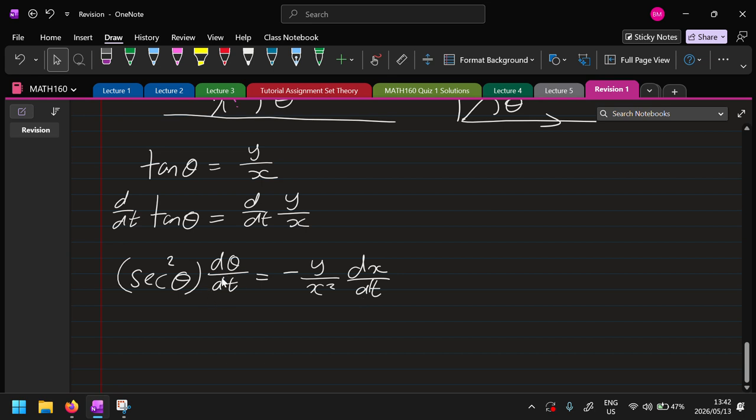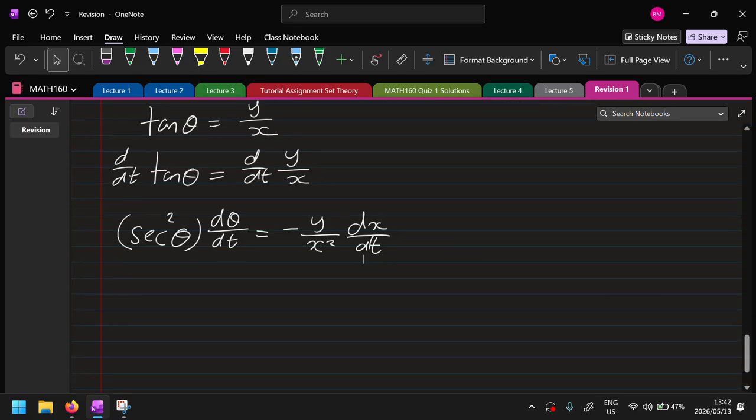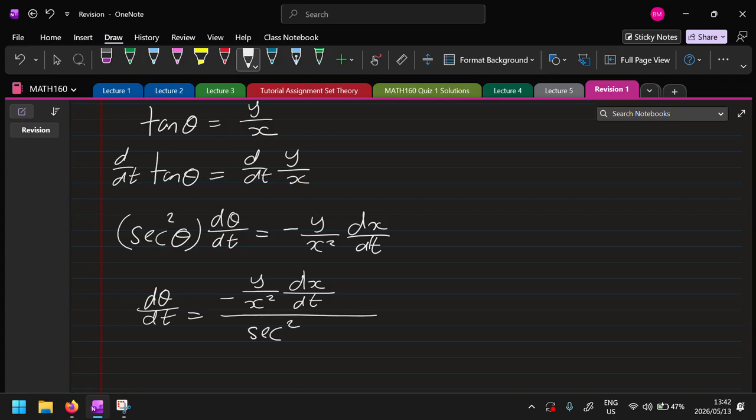Okay. Now again, we want d theta by dt. That's the goal. So let's keep that on one side, put everything else on the other, and see what we know and what we don't know. Yeah. So we have everything else on the other side. Now we see, are we given the value or do we need to calculate it?